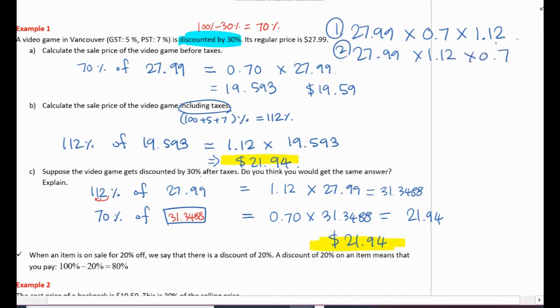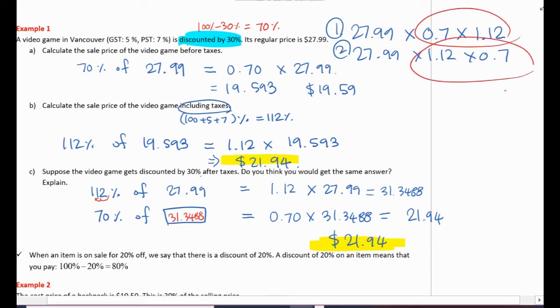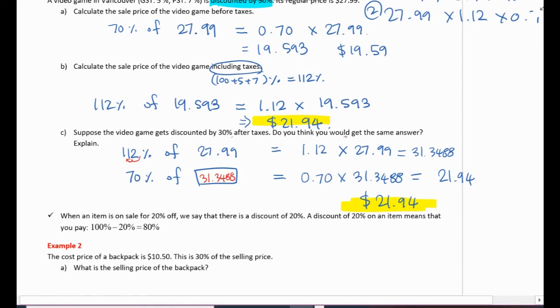Either way, you will get the same answer because it's multiplication. You may change the order. As you know, 2 times 5 is the same as 5 times 2. If it's multiplication, you can always change the order. Would you get the same answer? Yes.